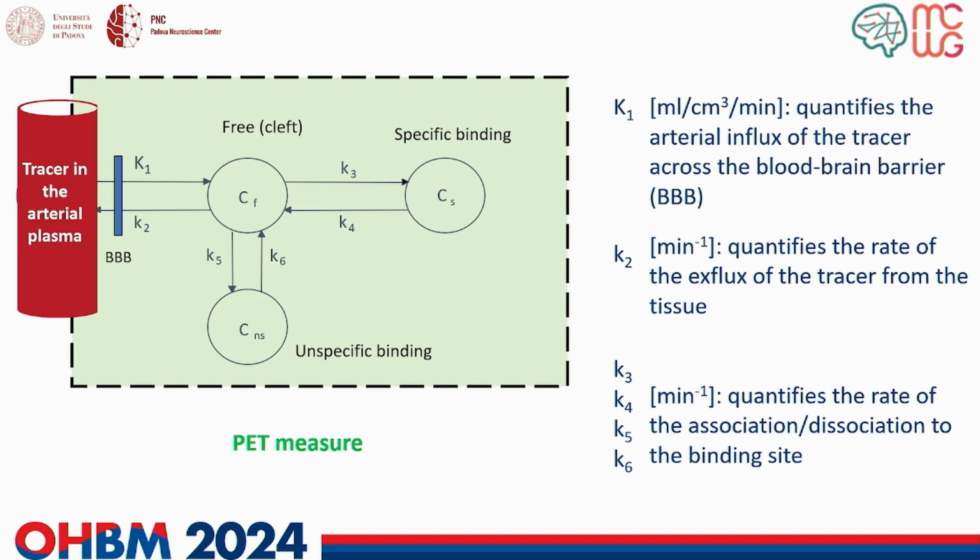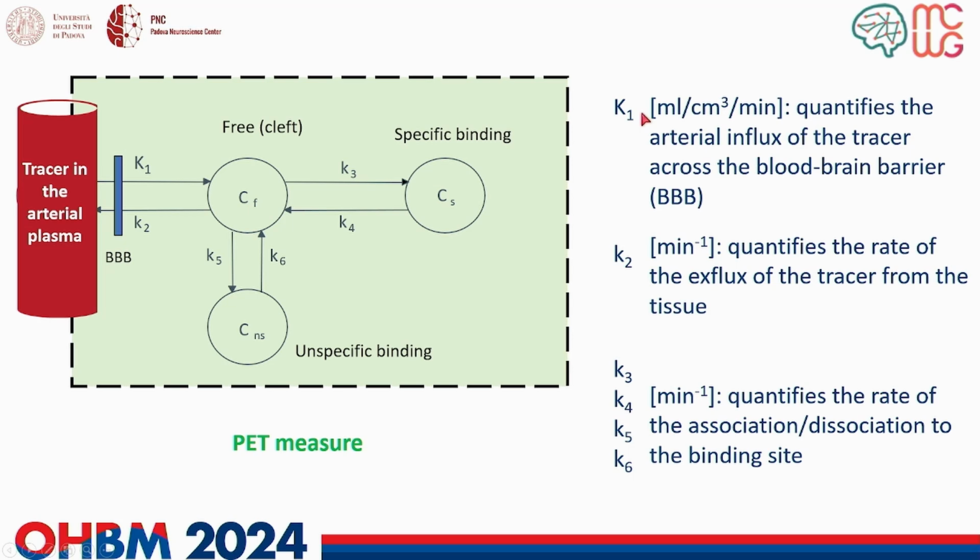In any case, we don't want to go into the math, but to understand what we can derive from this type of process. We put in some parameters describing the velocity of the process. This one is K1, remembering that there is a BBB, then K3, 4, 5, 6, and so on: 6 different parameters. For each parameter, I have a unit of measurement.